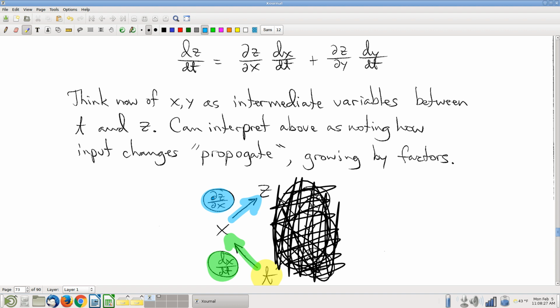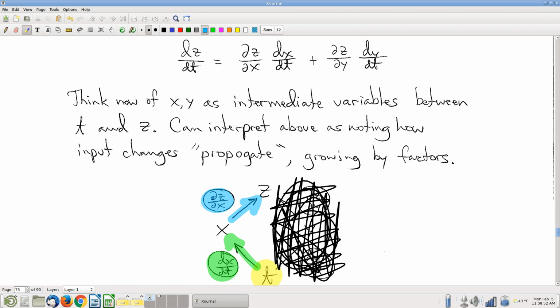So now I ask you, what happens if I change t by some amount, and first multiply it by a factor to get this change, and then multiply by another factor? If you multiply by one factor and then by another factor, altogether you have multiplied by the product of those two factors.